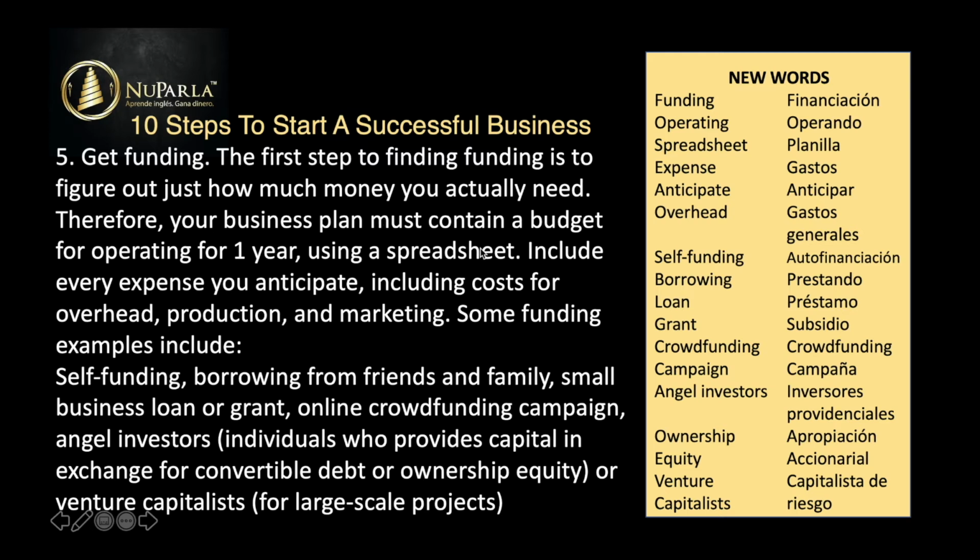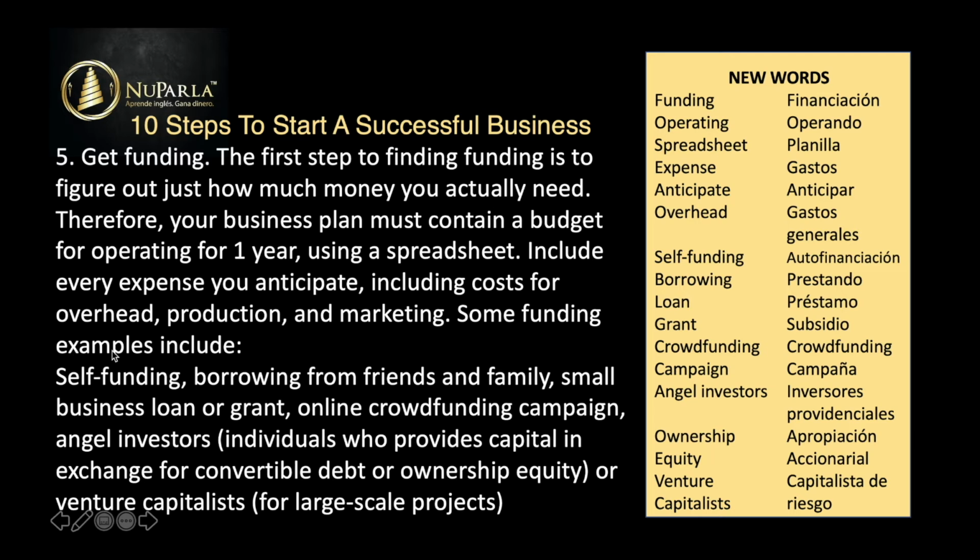Therefore, your business plan must contain a budget. Tu plan de negocio tiene que tener un presupuesto de operaciones for at least 1 year, por lo menos un año, using a spreadsheet, una planilla. Include every expense you anticipate, including costs for overhead, production, and marketing.